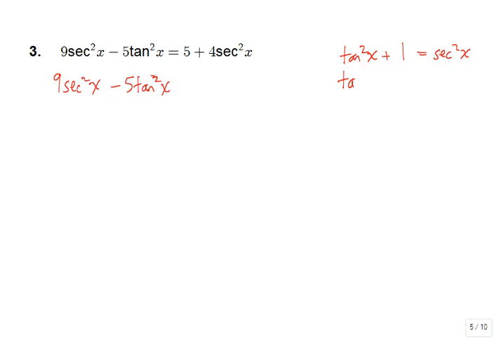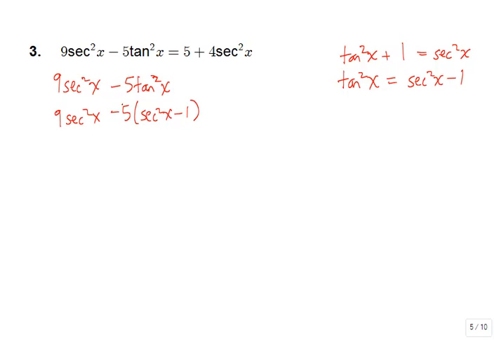So what I'm going to do is manipulate this Pythagorean identity, and I'm going to solve it for tangent squared by subtracting that 1 to the other side, and then I'm going to substitute in for this tan squared this secant squared x minus 1. And that way, what I have on this left side only has secants in it and no tangents anymore.